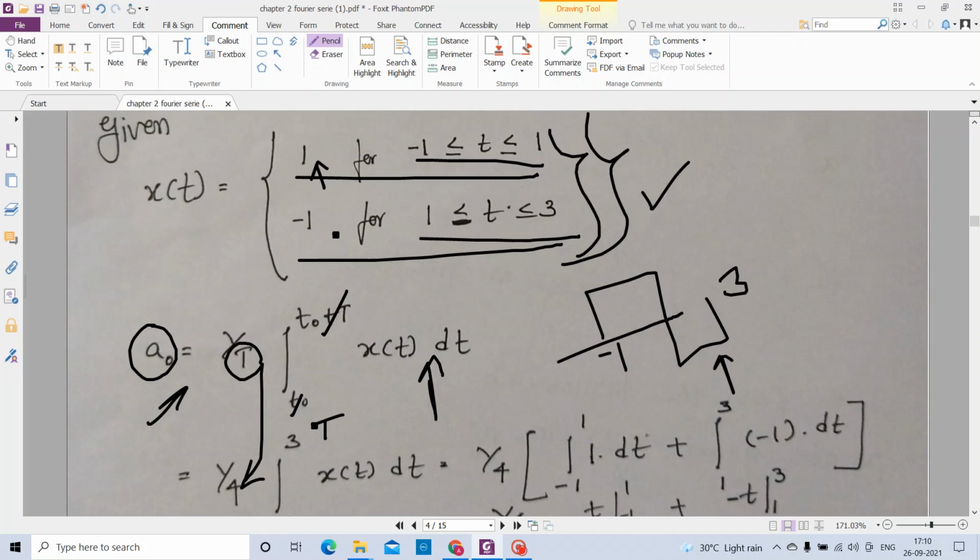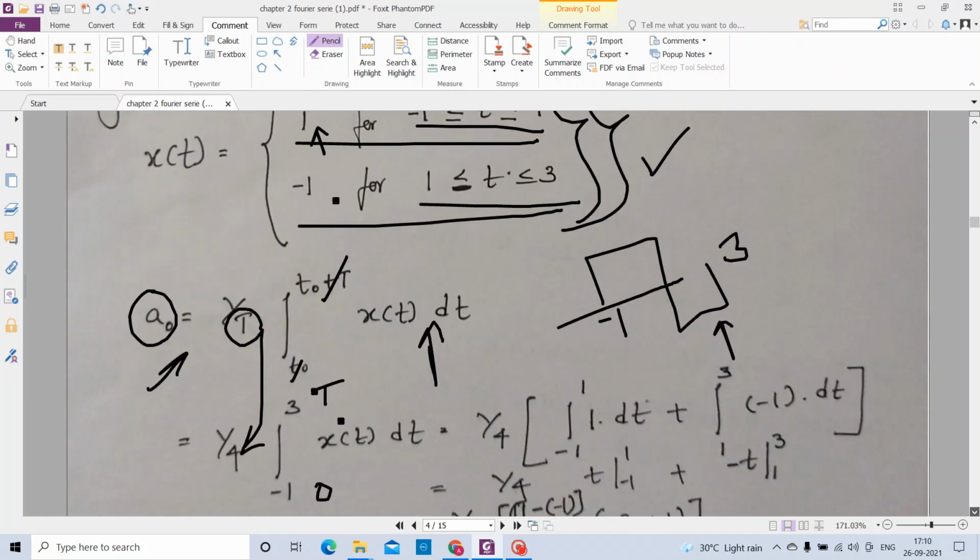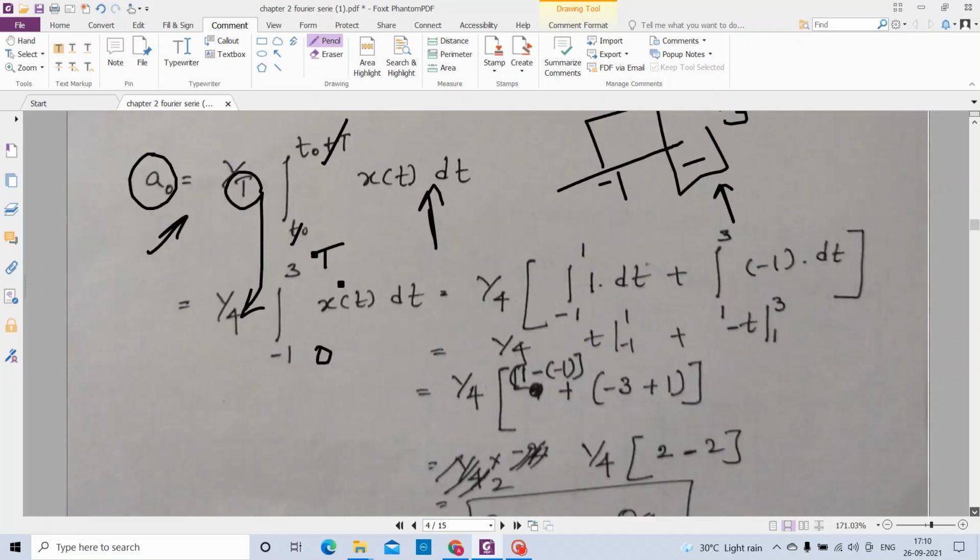So just substitute that amplitude 1 instead of x of t, dt, plus again an integral for the negative half cycle, 1 to 3, but the amplitude is minus 1, dt. Just do the integration.